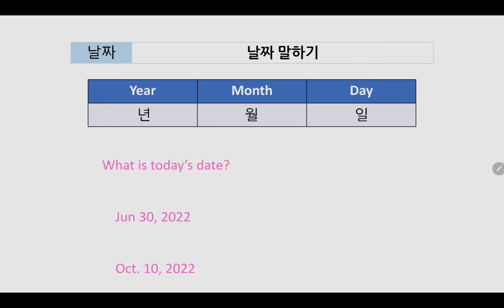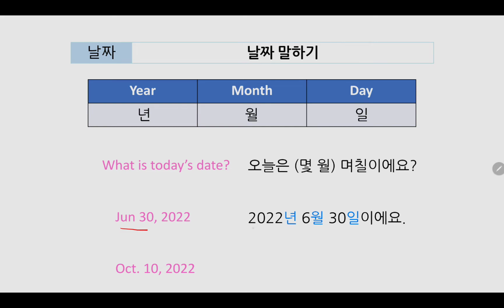Let's say today is June 30th, 2022. Then how would you say this in Korean? You would say 2022년 6월 30일이에요. Notice that I pronounced this as 유 instead of 육. When the number is combined with this counter, sometimes it is pronounced differently.